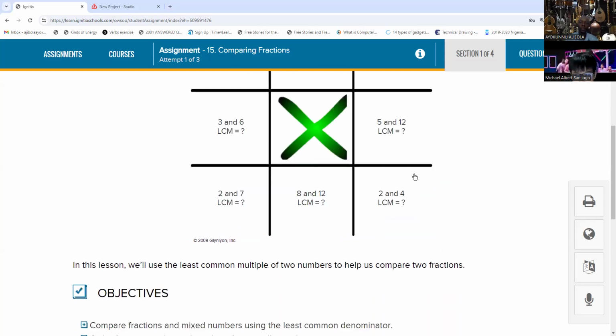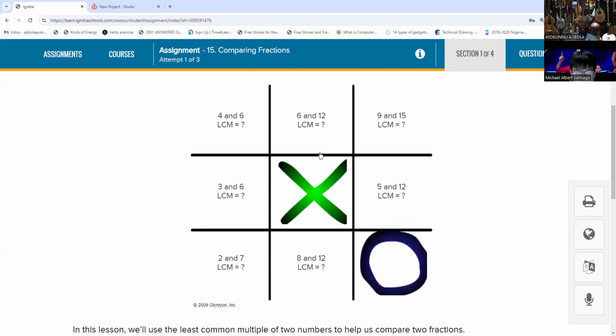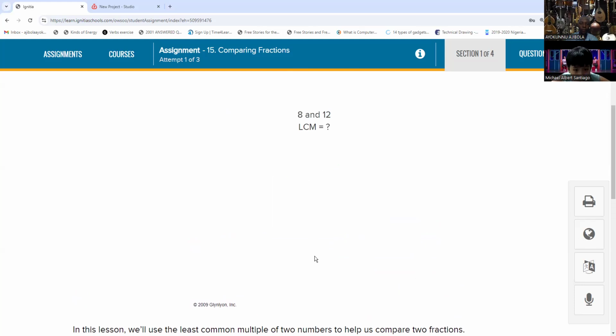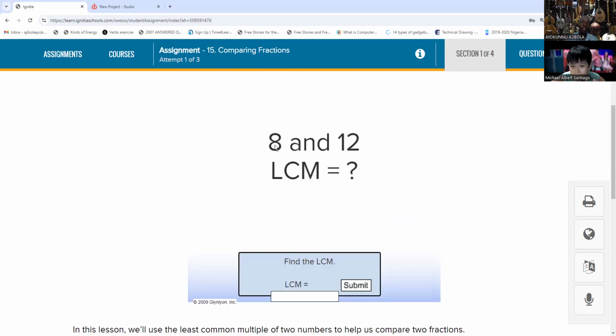So let's check the next one. The least common multiple of 8 and 12. The least common multiple is 24. Why is it 24, Miggy?